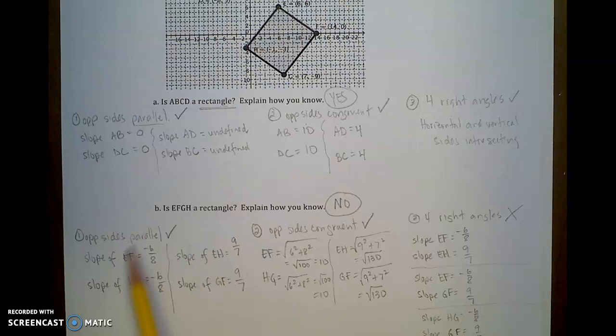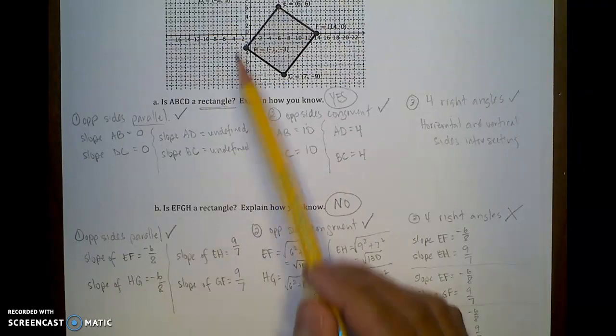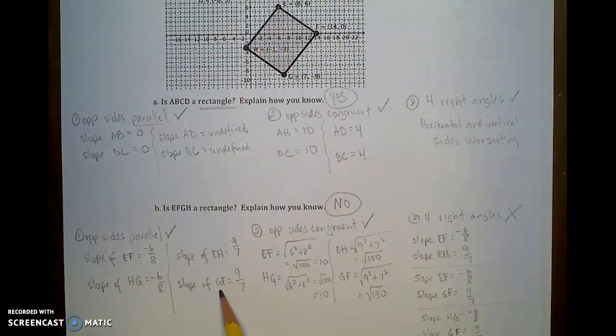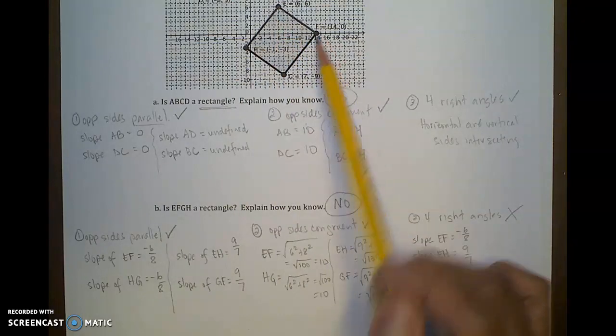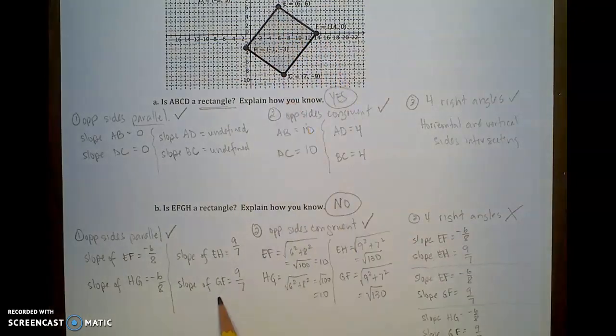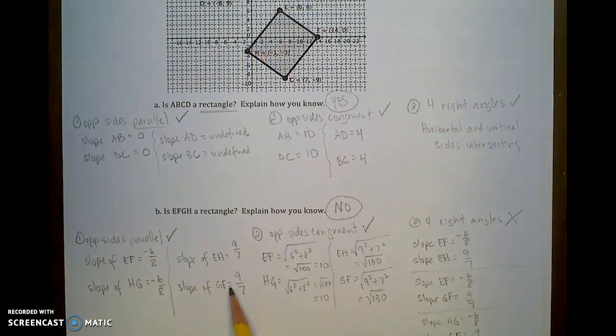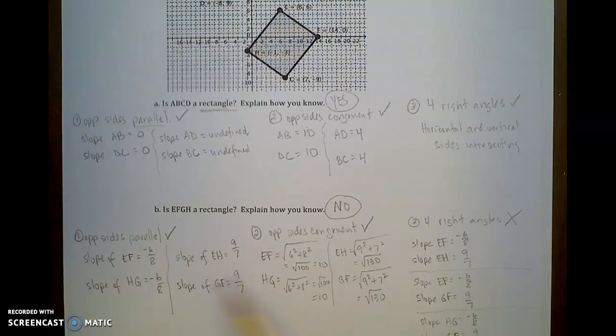I'm showing the value of slope. EH and GF, you want to show me the actual value for slope, rise over run, and when you show me they're the same, you know that those sides are parallel, so we can check mark that characteristic.